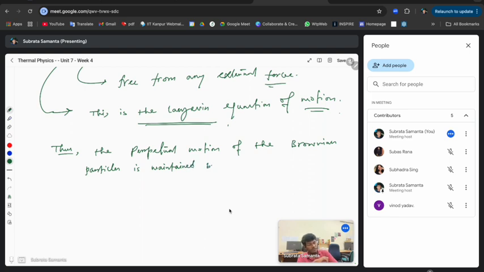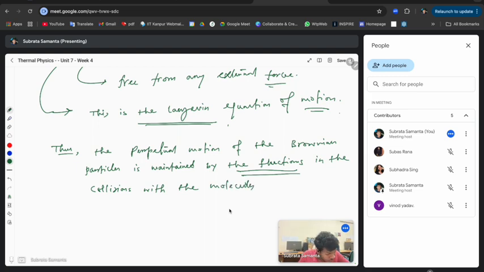That is basically random fluctuations in the collisions with the molecules of the surrounding liquid.